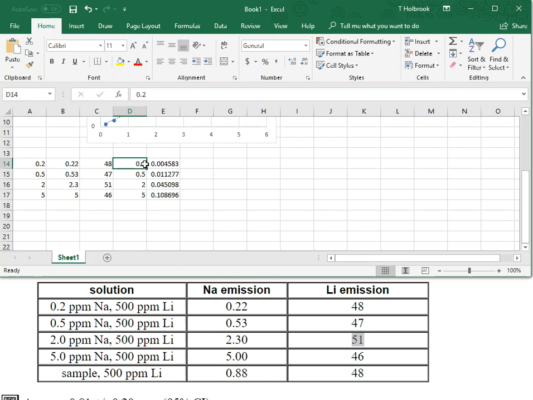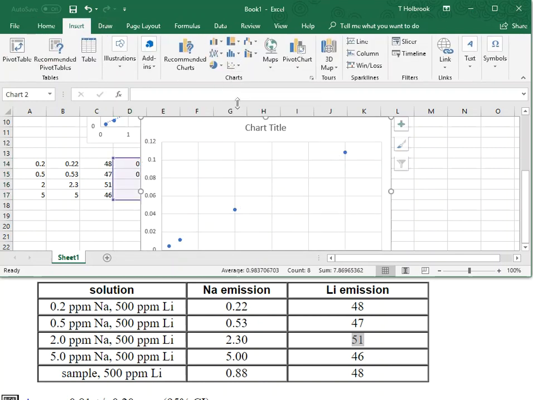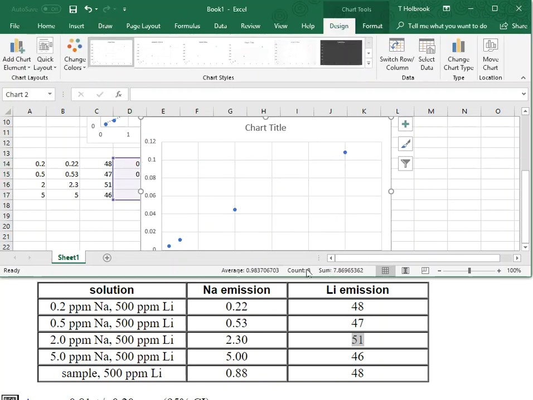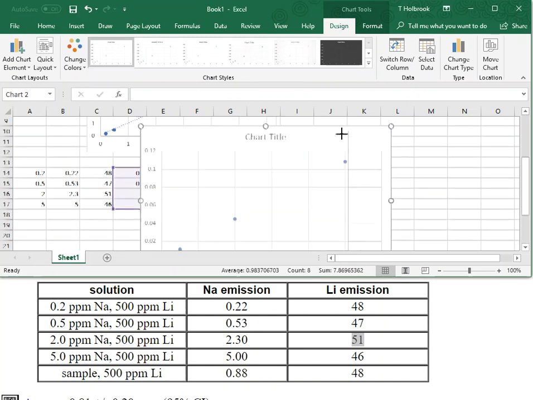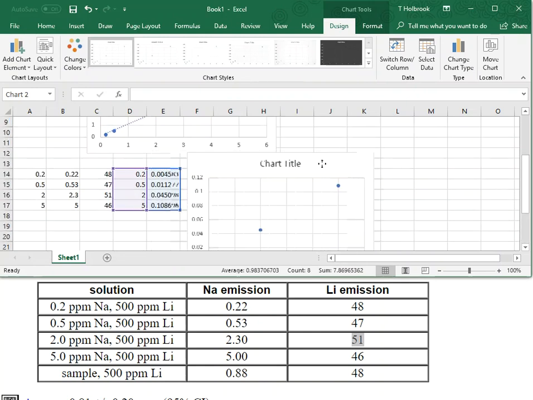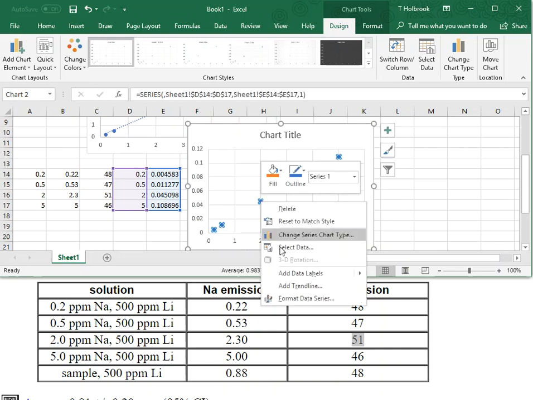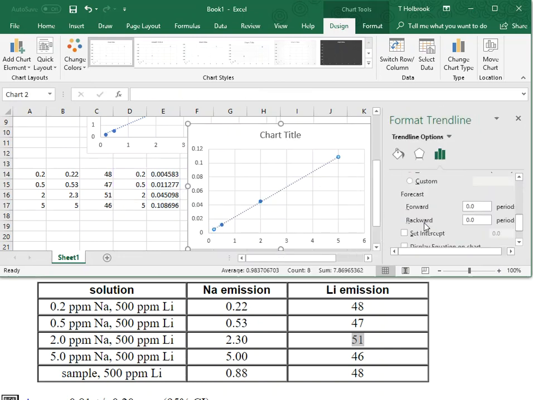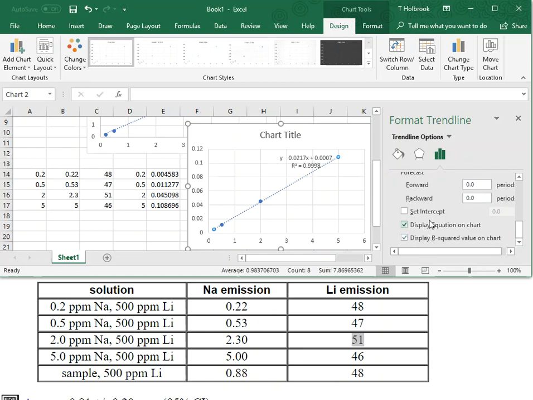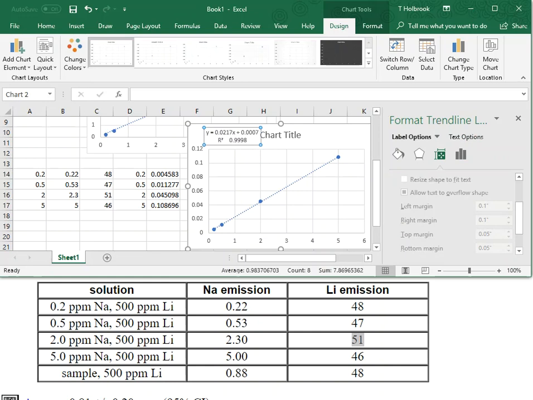We're going to do the concentration of sodium on the x-axis and the ratio on the y-axis. I'm going to plot a calibration curve, and there it is. Looks pretty good. And I'm going to add a trend line, R squared, and the equation. And there we go.